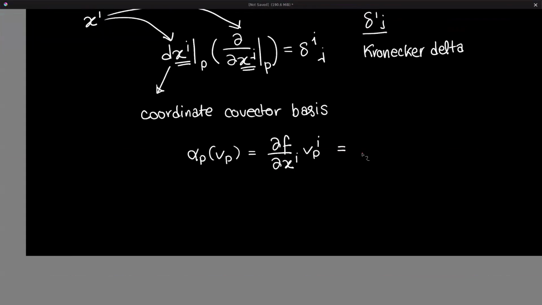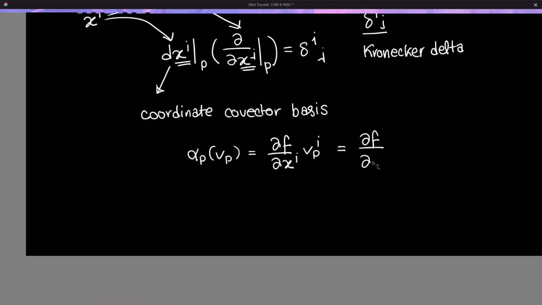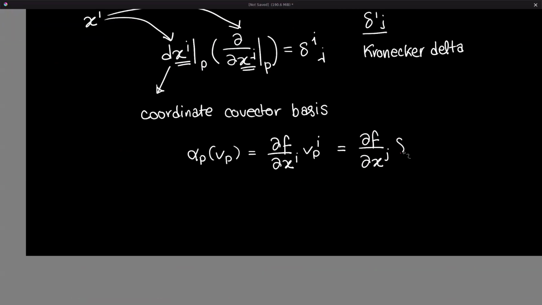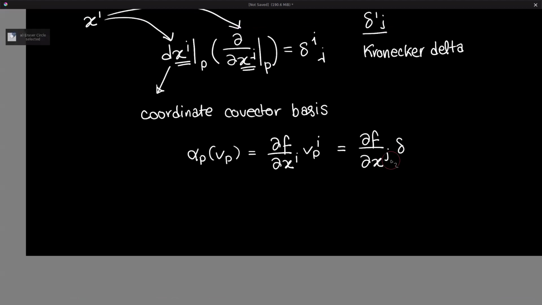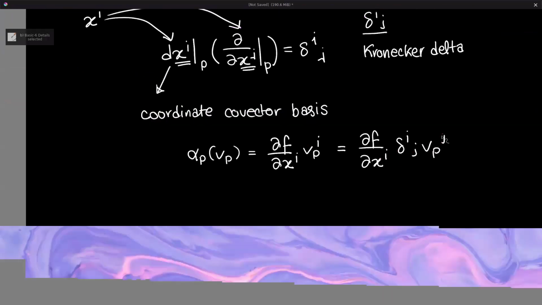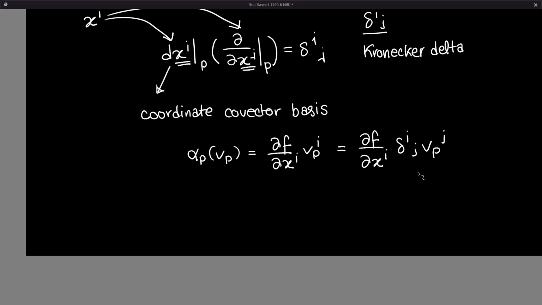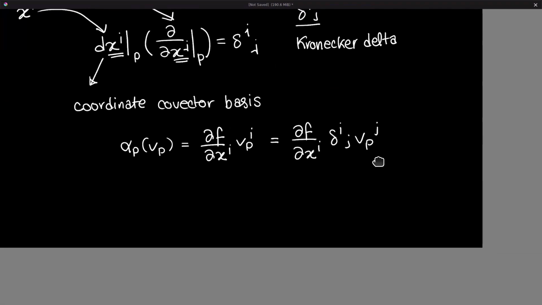which then you can say that, well, what if we do some interesting index manipulation, xj delta, let me just follow what I've got over here. Right, so I did the other way around. So yeah, we're replacing vp^i with delta ij vp^j, which is the opposite of what we did here.